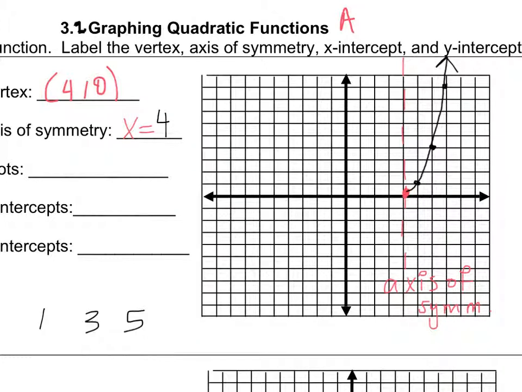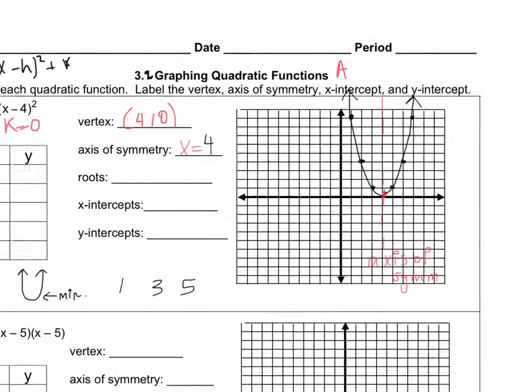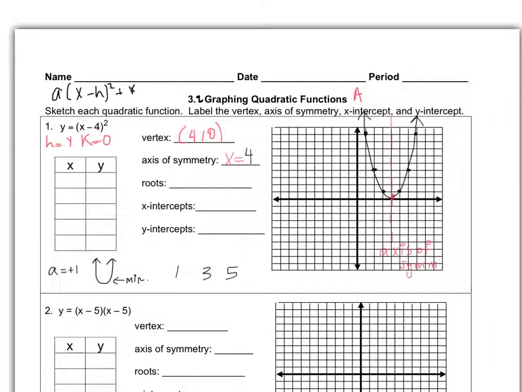Now, since we have the axis of symmetry, I know all the points are going to reflect. So I'm going to have a point over here, another point over here, and another point over here. So that's going to give me the left side of my graph. Now, if you're asked to create a table, you can pick up the points from here and fill your table, okay?